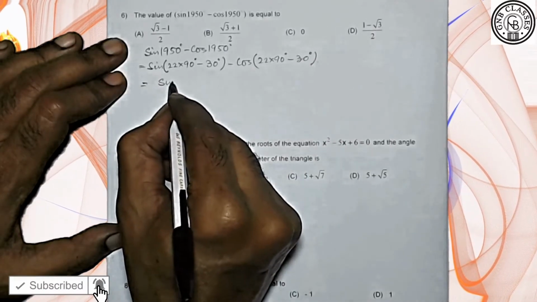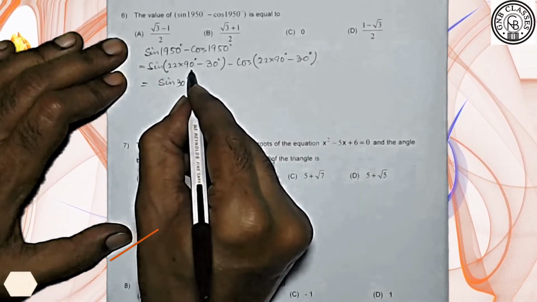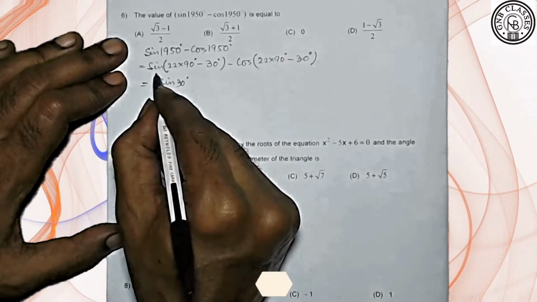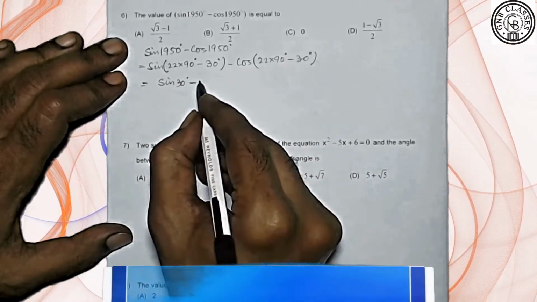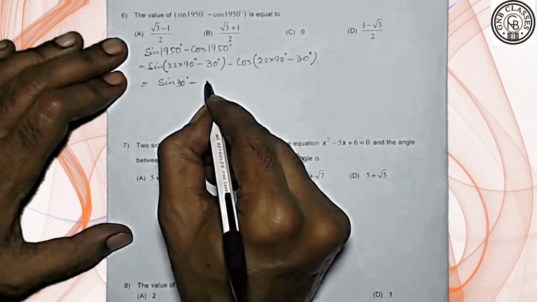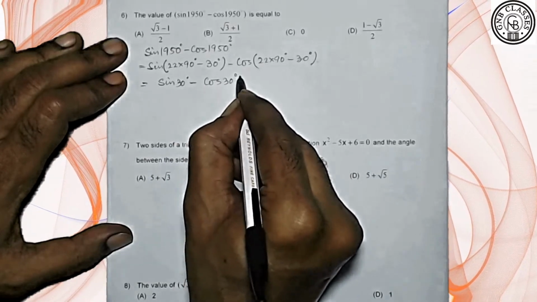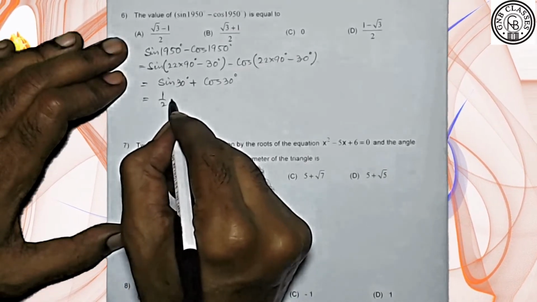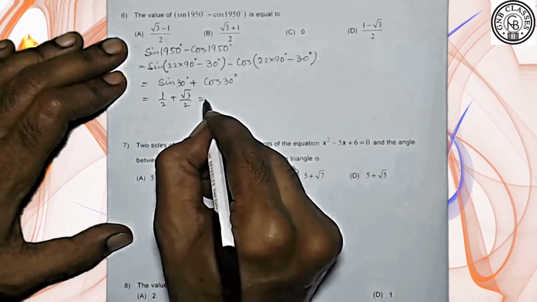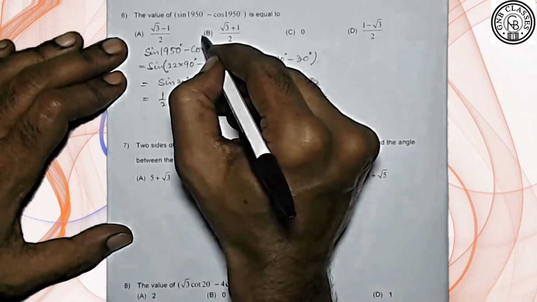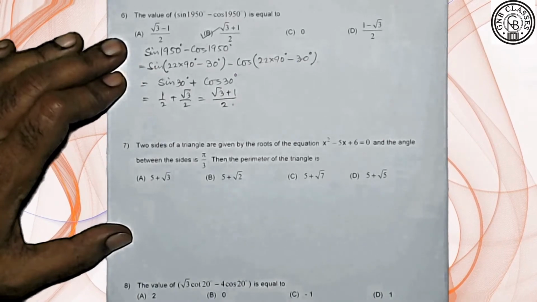So this will be sine 30 degree because sine (22 into 90 degree minus theta) is falling in the second quadrant where sine is positive, and in this case cos is also in the second quadrant, where cos is negative, so it will be plus. Is it clear? So it will be half plus root 3 by 2, so the answer is (root 3 plus 1) by 2. So option B is correct. Is it clear to all of you?